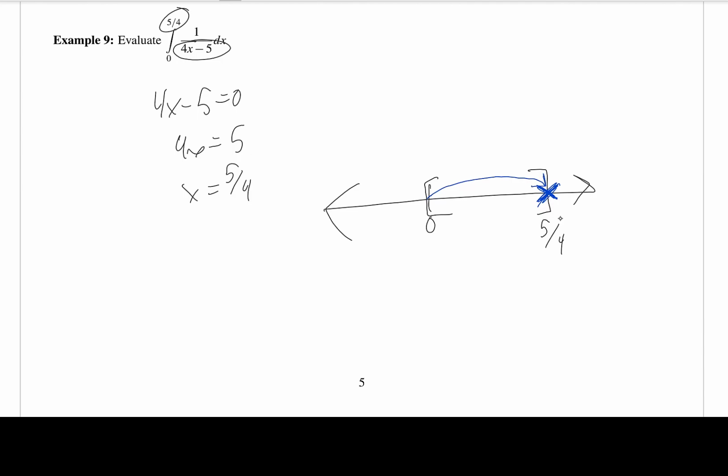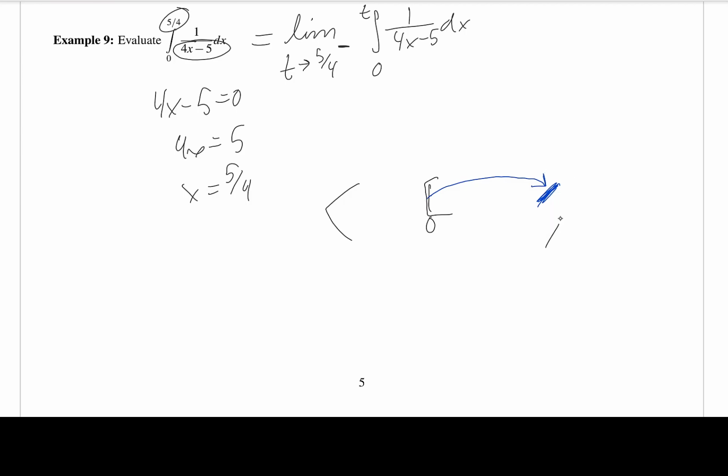And so I'm going to be approaching it from the left-hand side. So it tells me that this is the limit as t approaches 5/4 from the left of the integral from 0 to t of 1 over 4x minus 5 dx.